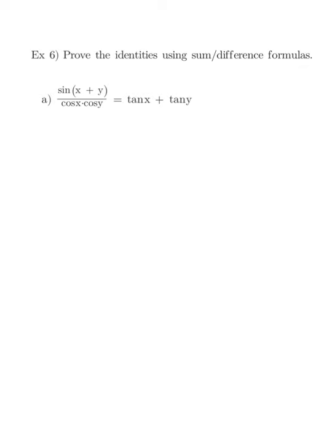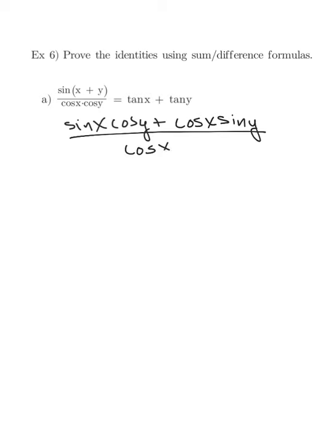So we're going to do the sum formula for sine over there, which says that the sine of x cosine of y, keep your operation the same, so it is plus, and then we will do cosine of x sine of y over what is already a denominator of cosine x cosine y. And we're trying to show that that equals tangent x plus tangent y.